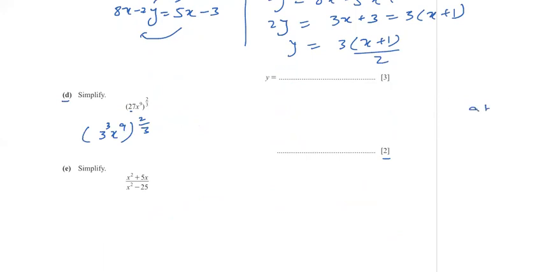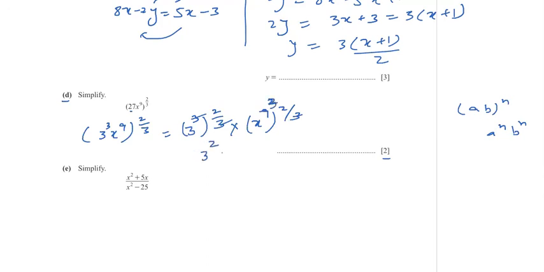You know, we have ab whole power n, that is a to the power n, b to the power n. So we can write it as 3 power 3 whole power 2 over 3 times x power 9 whole power 2 over 3. So we will have 3 power 2 into x power 6, because 3 and 2 will multiply. So finally our answer will be 9x power 6.